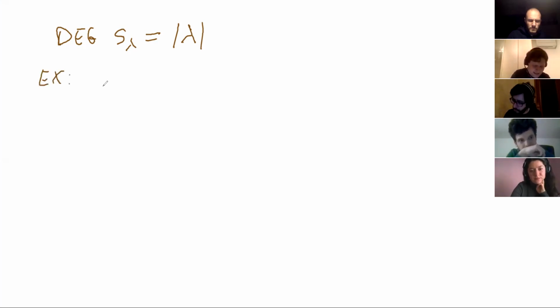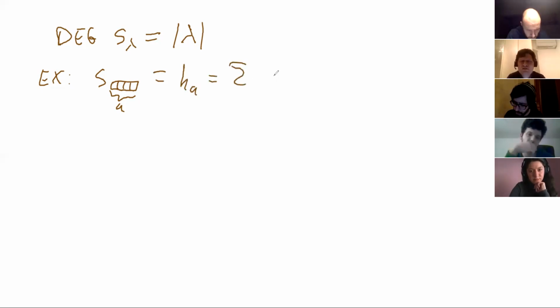So if we take S and then we put A boxes in a row, then this is known as the complete symmetric polynomial. We will denote it by h_A. And this is just a sum of all possible monomials, x_{i1} times up to x_{iA}.